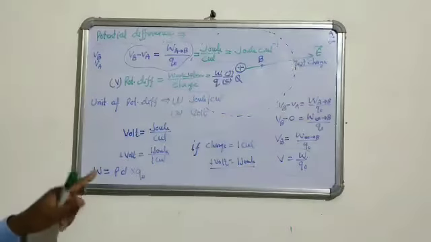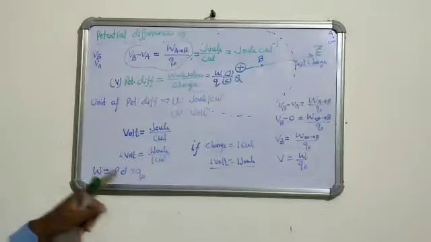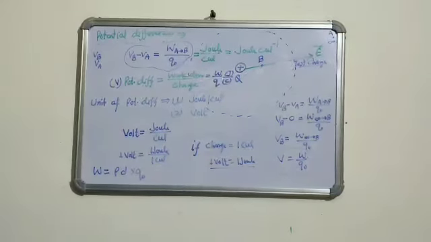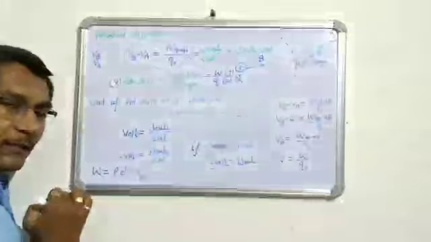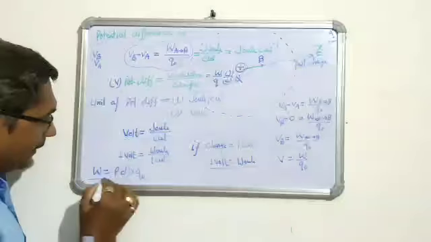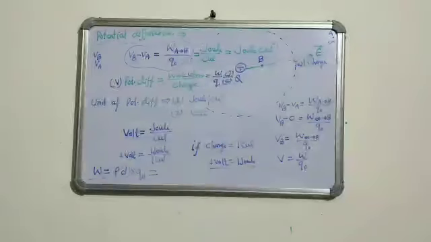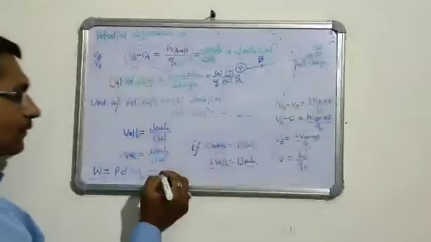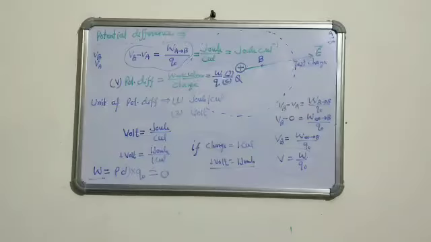So my question is, what is the work done when we bring a test charge in constant potential? For constant potential, the potential difference is 0. That's why we can say there is no work done when we bring a test charge in constant potential. So the work done is 0. I hope I am clear.